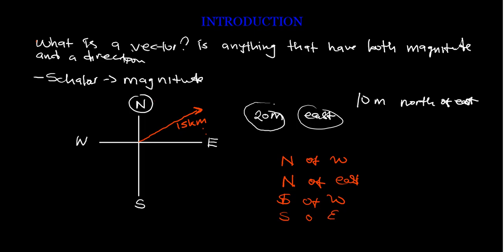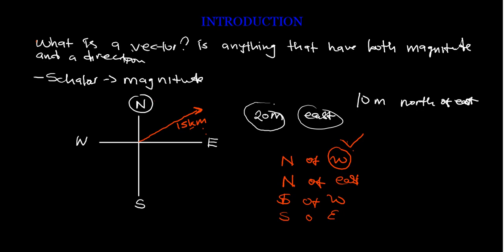So now what we do is look at your starting point. Where are you coming from? I'm coming from Lusaka. So you say you are now at CBU, coming from Lusaka. Meaning that's where you start from. So this is our starting point. If I say this was 20 kilometers north of east, then meaning I start from east, so from CBU or Lusaka.